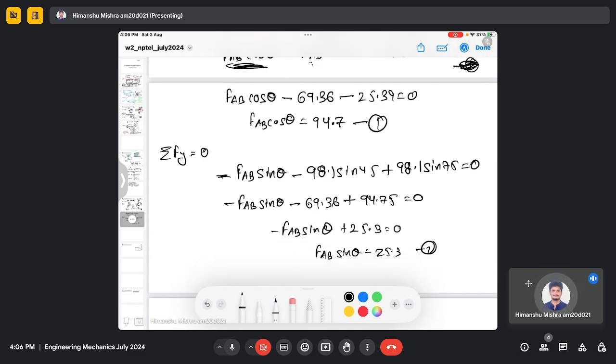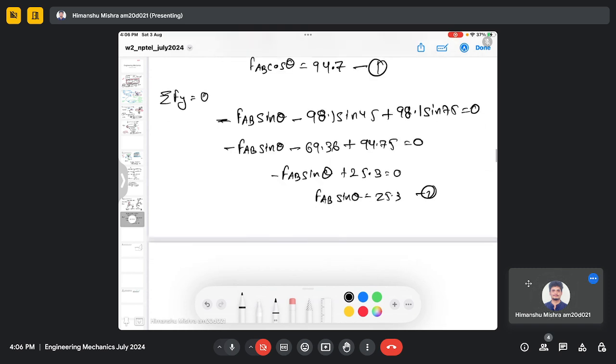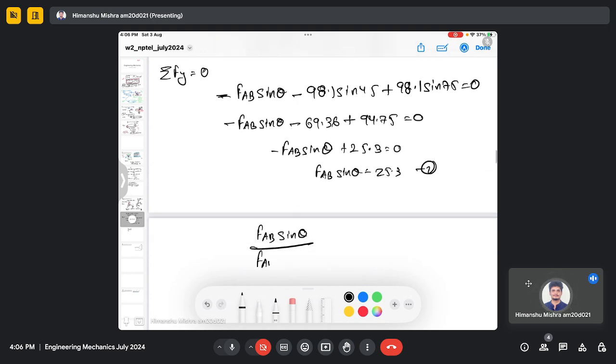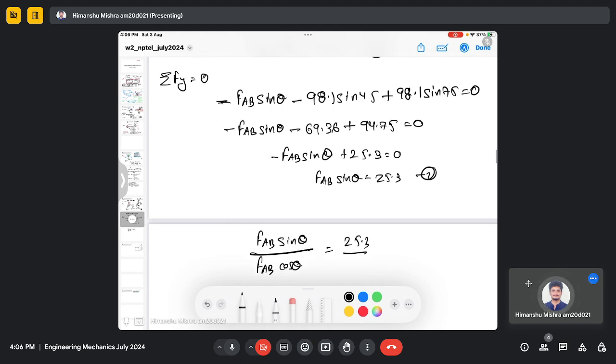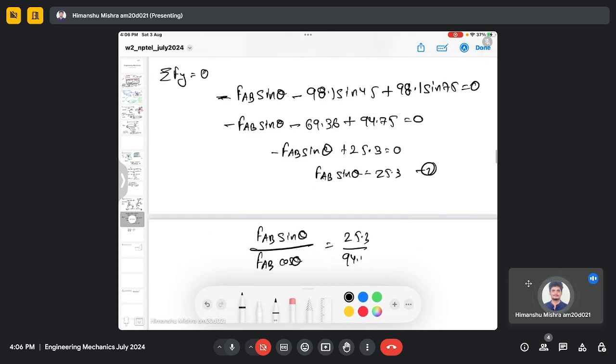Okay, so now we can divide equation 1 and 2. FAB sin theta divided by FAB cos theta: 25.3 over equation 1, which is 94.7.